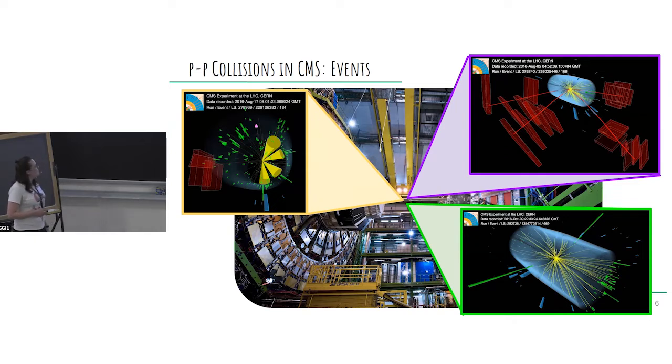We can have different events: events where there are jets that develop at different angles, and these jets come from the hadronization of quarks of different kinds, or we can have events with 4 clear leptons that we can reconstruct clearly thanks to the characteristics of the detector.